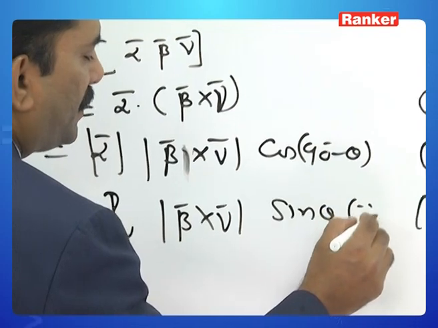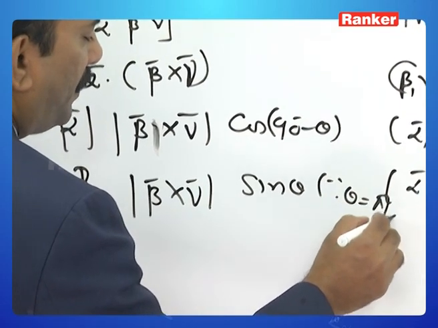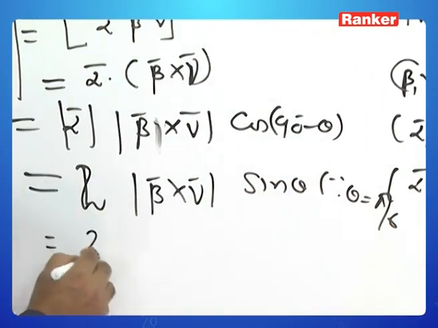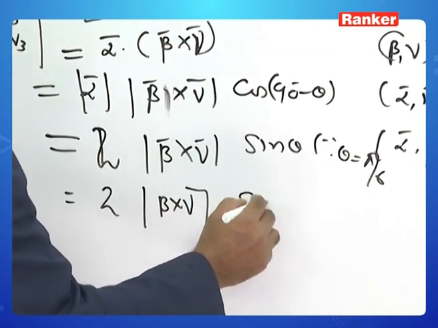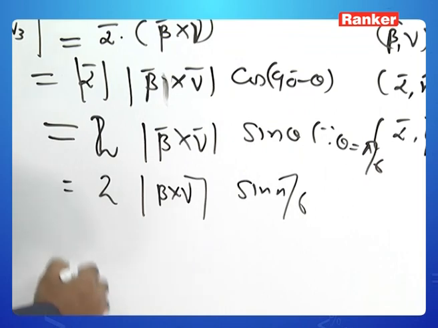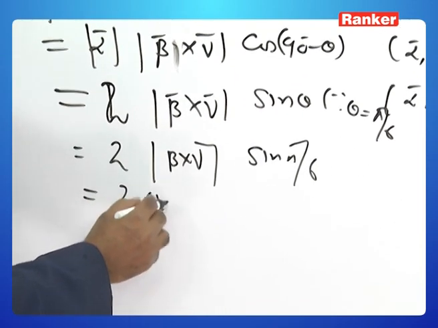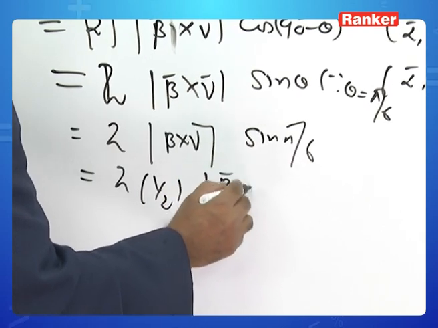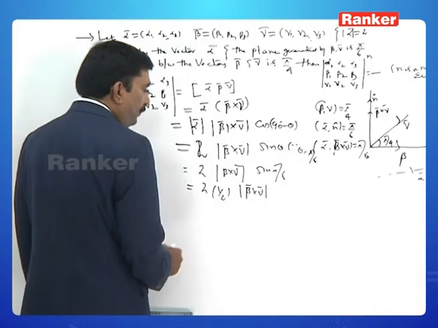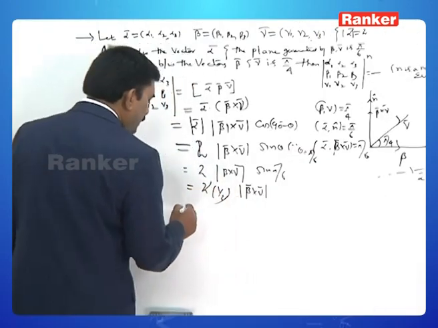Since theta is equal to what? Pi by 6. So therefore, 2 into beta bar cross gamma bar into sin pi by 6. Okay, this is nothing but 2 into 1 by 2, sin pi by 6 is 1 by 2. So therefore, this and this get cancelled.